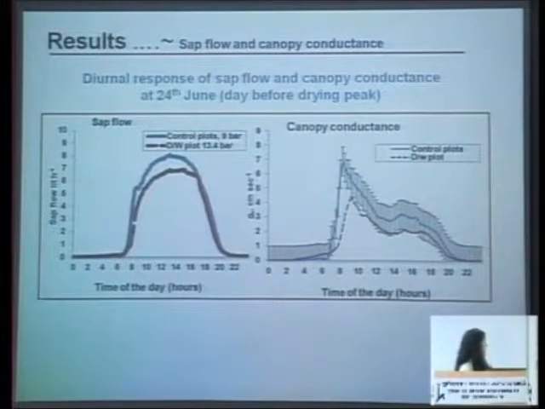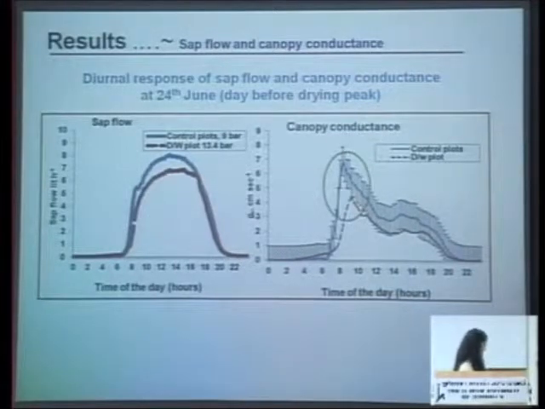We found that sap flow in the control plot was about 8 liters per hour, while in the drying plot we found a maximum of 6 liters per hour. The canopy conductance was about 7 cm per second in the control plot at the peak, and in the drying plot we observed 4 cm per second.